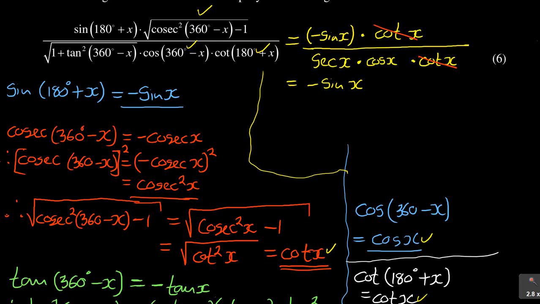That's what I'm having. I think, yes, it was the negative, and then it's minus sin x over now sec x and cos x.